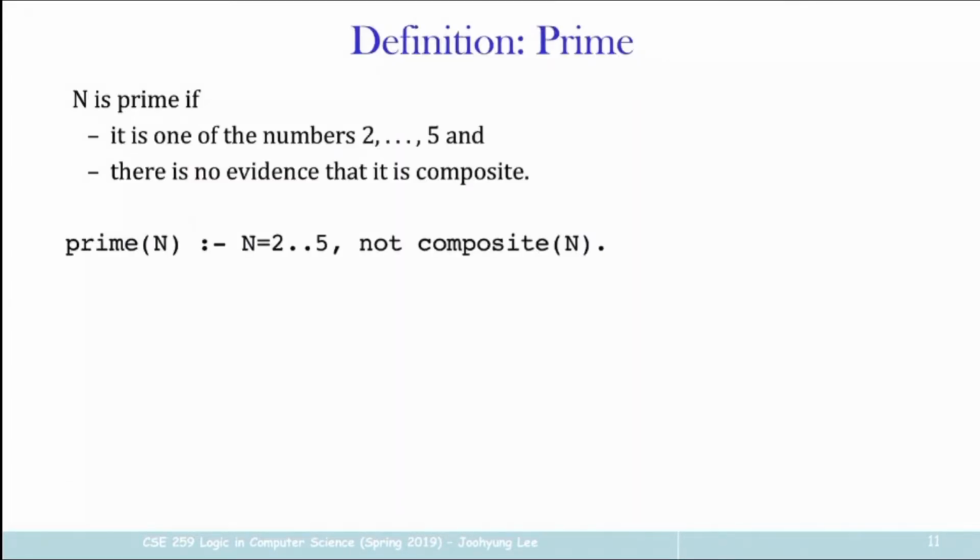Okay? The next one is about prime numbers. So what is a prime? How do we tell Clingo to return the prime numbers? Prime is a good example of some interesting ideas of programming in Clingo.